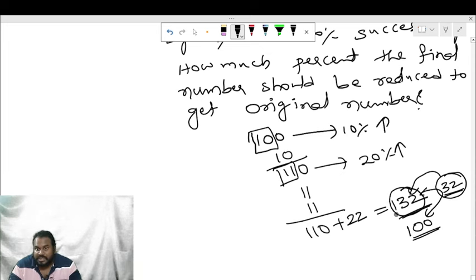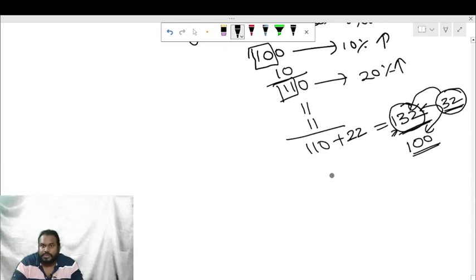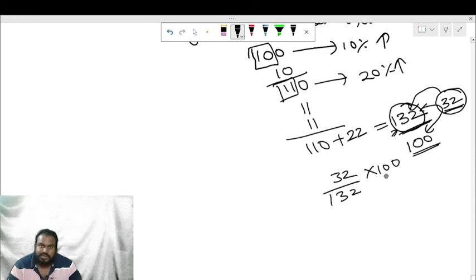So we need to calculate on this itself. So 32 divided by 132 into 100 will give you the answer. That is the percentage value by which the 132 number should be reduced to make it 100.